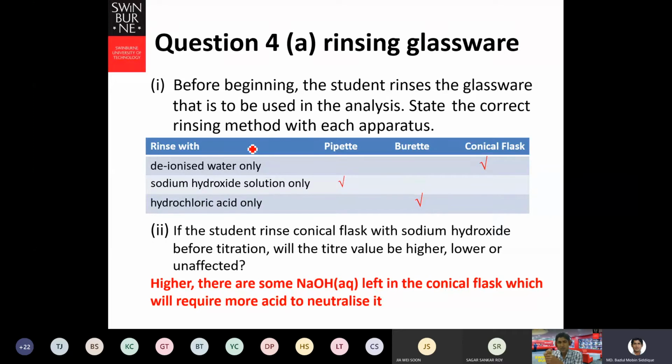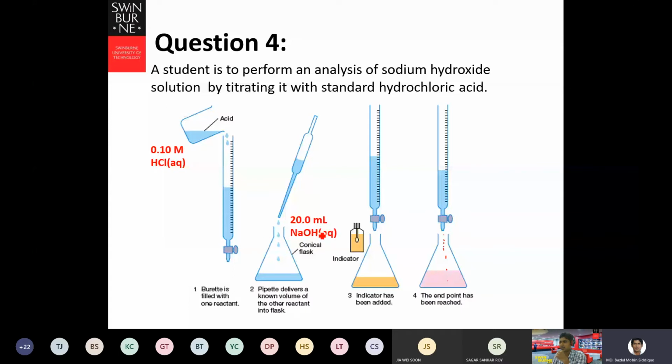So we just wash the pipette with sodium hydroxide solution and throw it, and then take the solution for measuring. Burette: because in the conical flask I will take the sodium hydroxide, and the hydrochloric acid I am taking in the burette.